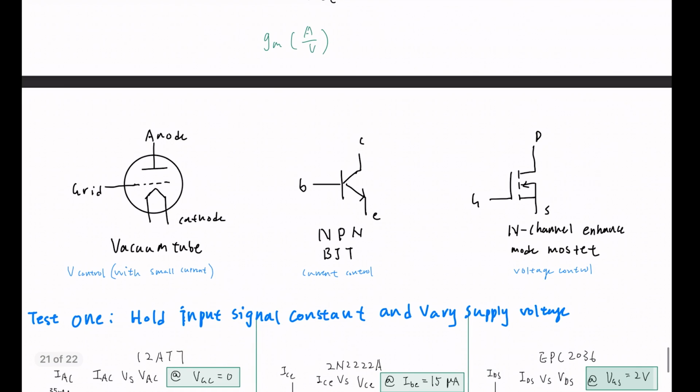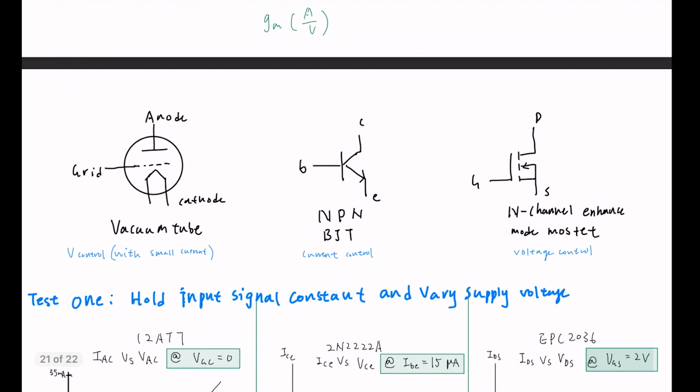So now let's take a look at some of the electrical characteristics and how it differs from some of the common transistors we have on the market. So right here you see that we have three types of transistors. One is the vacuum tube, it's not a transistor.